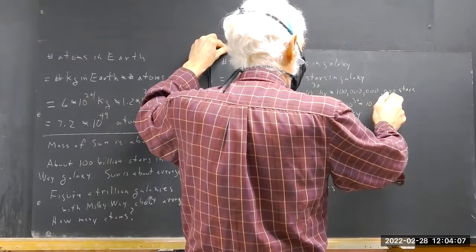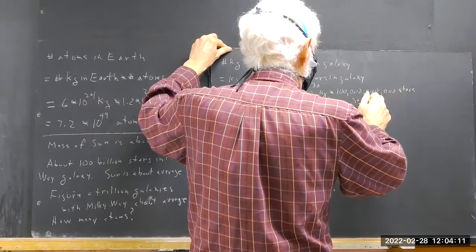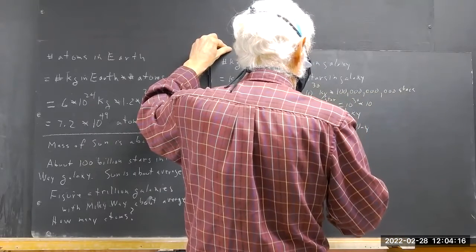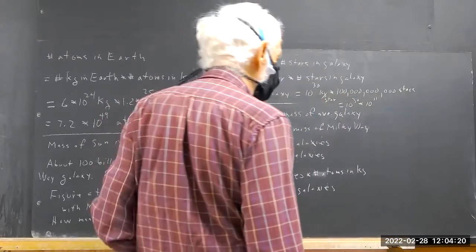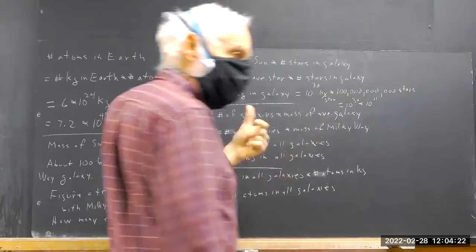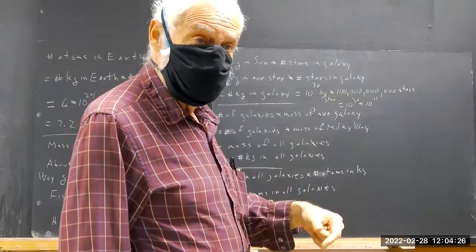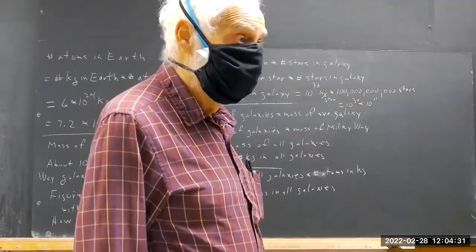And this is 10 to the what? 1, 2, 3, 4, 5, 6, 7, 8, 9, 10, 11. I said 10 to the 10th a while ago. Yeah, 10 to the 9th is a billion. Thousands 10 to the 3rd, millions 10 to the 6th, billions 10 to the 9th, trillions 10 to the 12th.